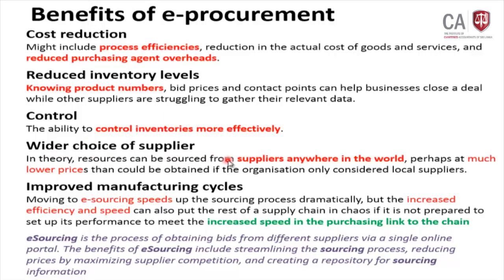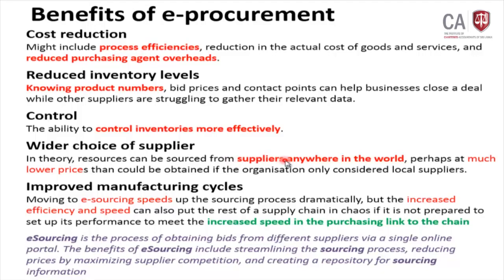Wider choice of suppliers. We don't need to rely on one supplier or two. We can have many more suppliers, and also prices can be verified and compared, and we can go with the low price, high quality. Suppliers are not restricted to one location. They can be anywhere in the world.